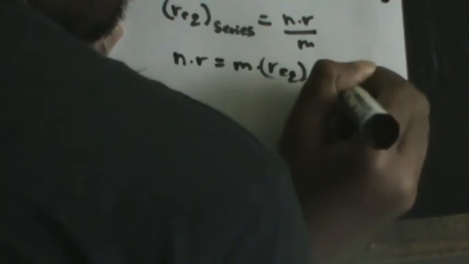So it will be N R divided by M. Or, calling this Req, N times R will be M times Req series. Right? So that's very simple.